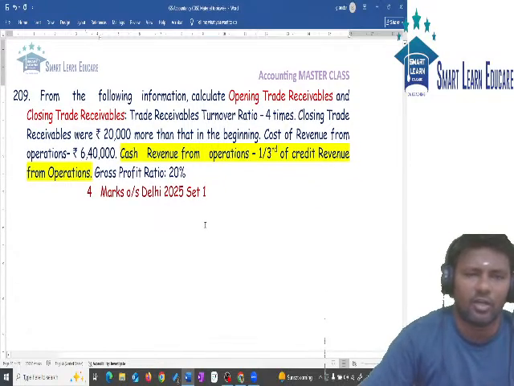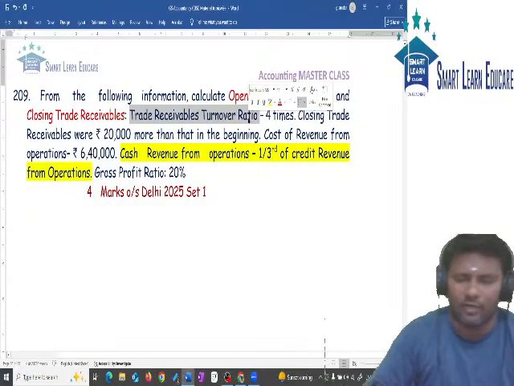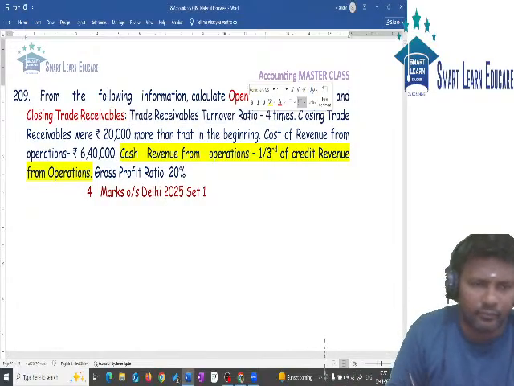So what is the formula for debtors turnover ratio?